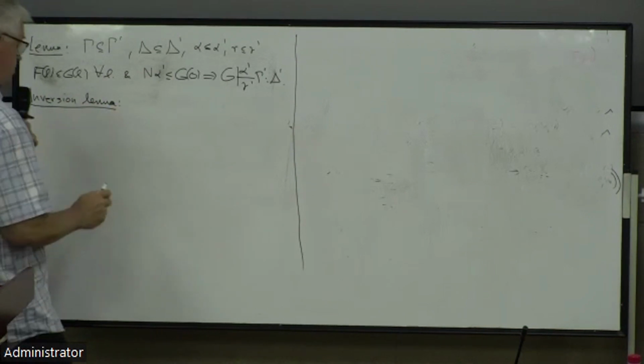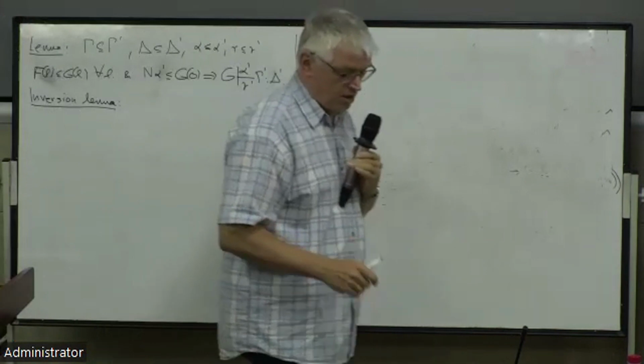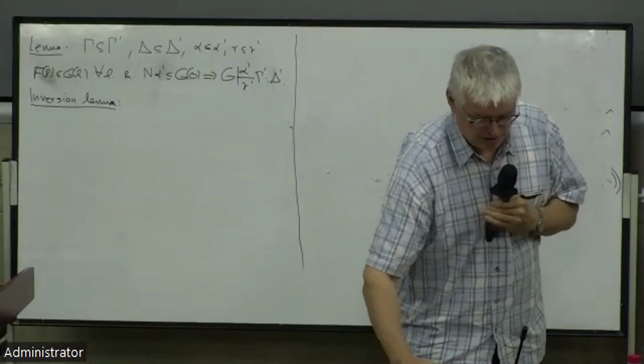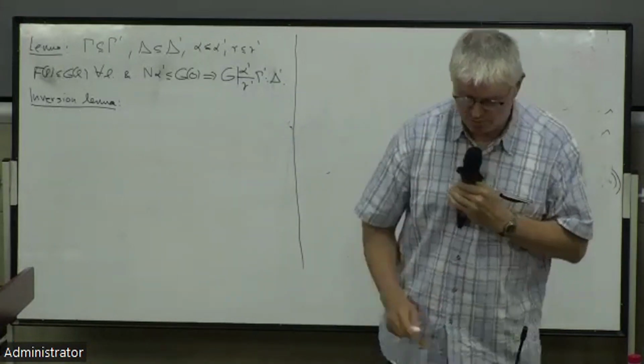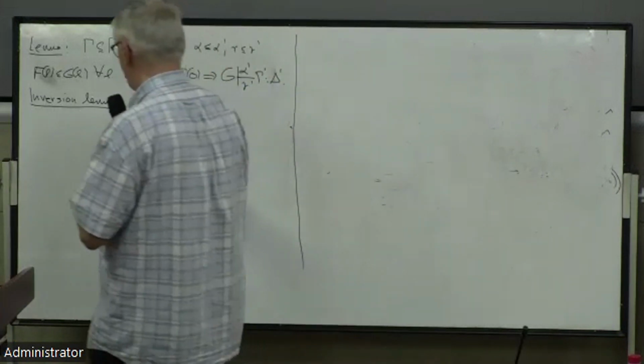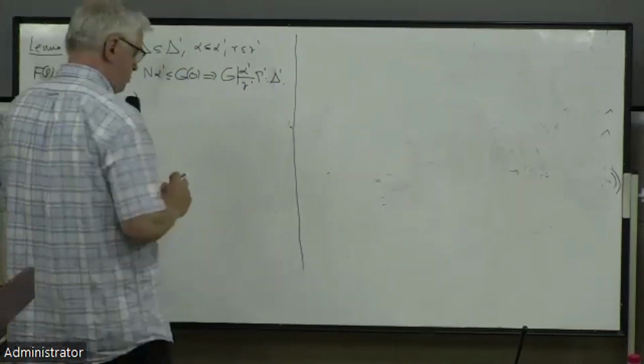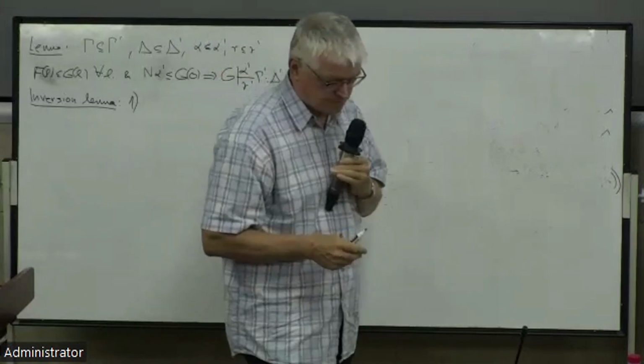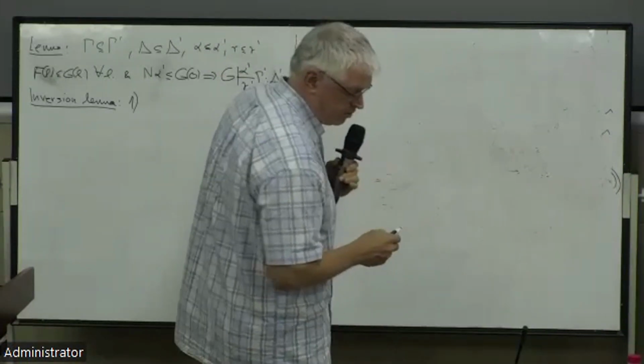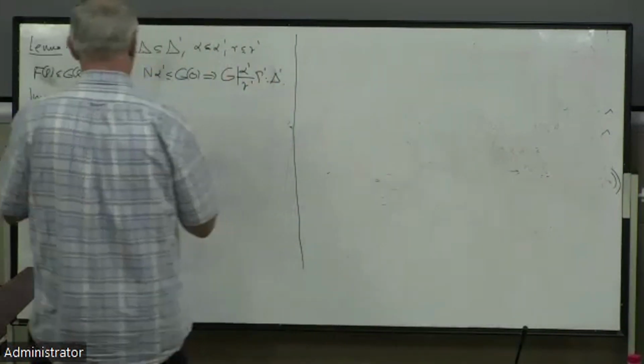And this is interesting. Now, the inversion comes with several parts. Most of them are easy. So the first one is what? If you have a false formula in the succeedent, we can delete it.